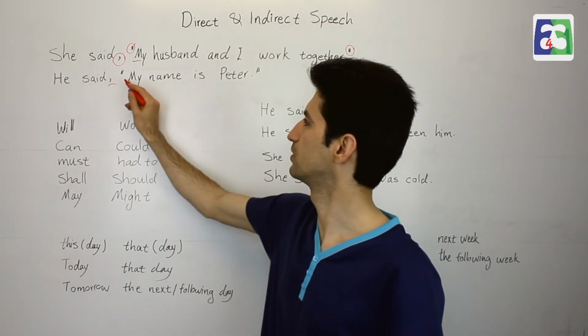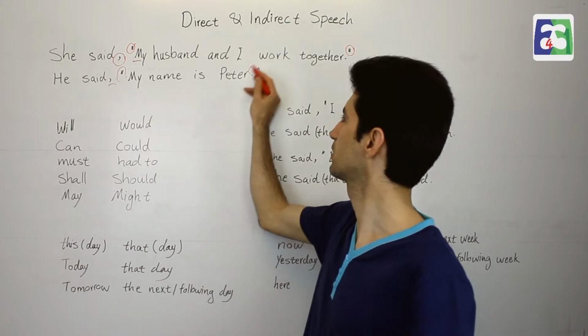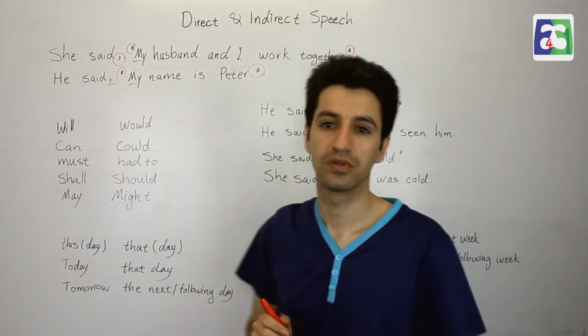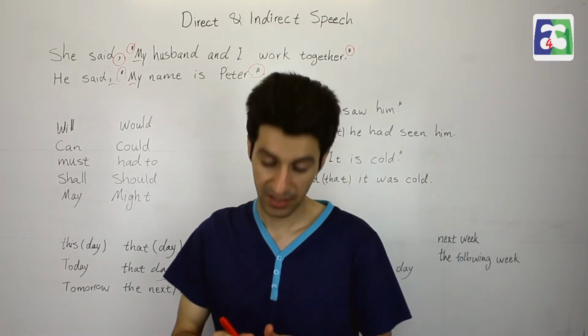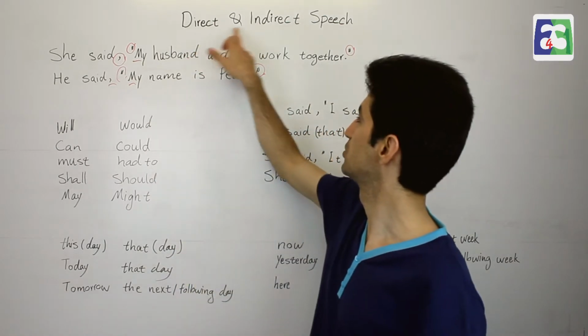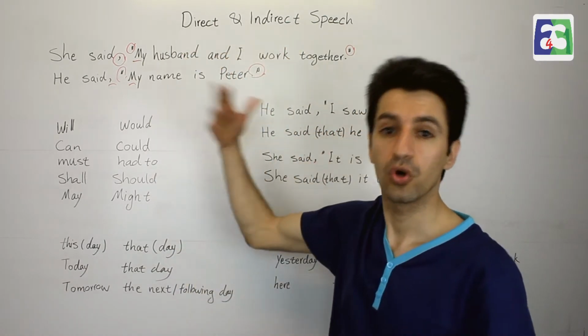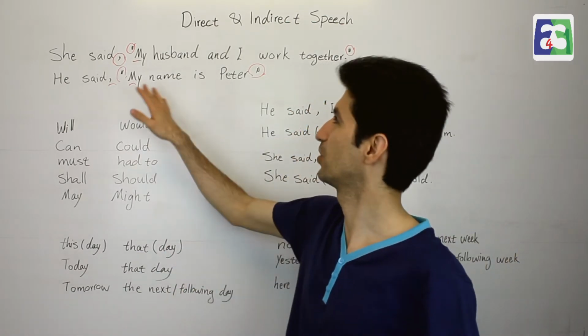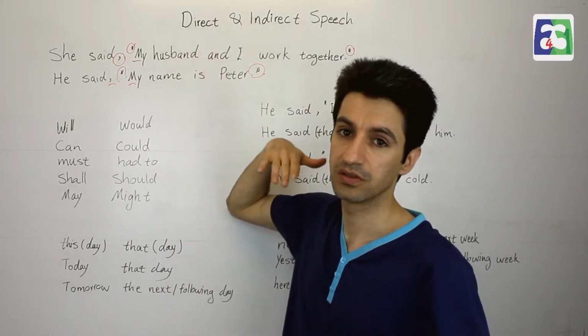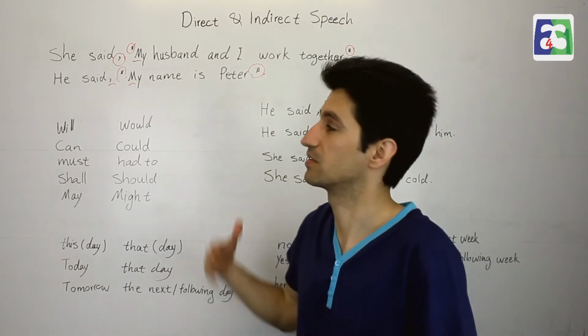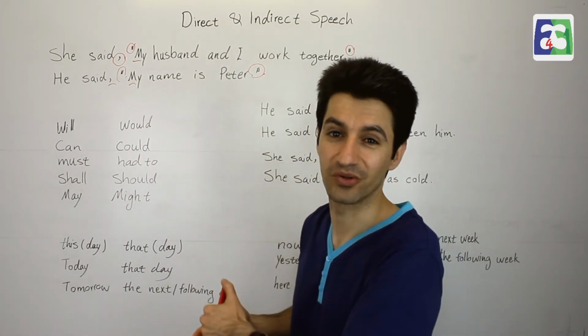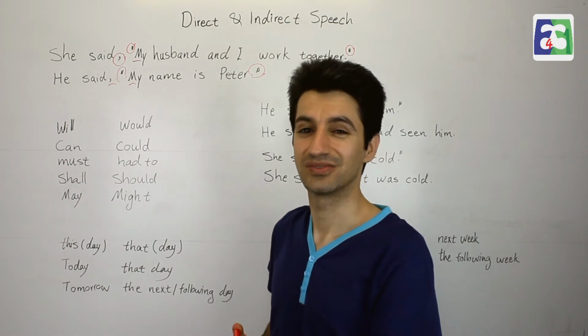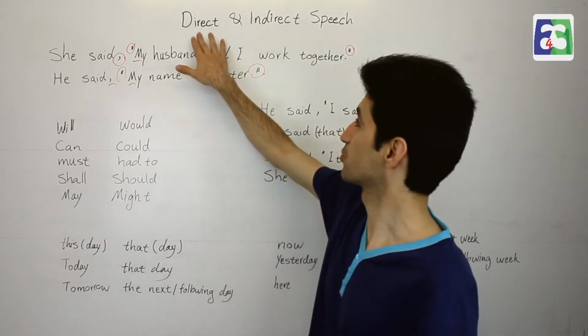One, the comma, the other one is the quotation mark and the capital letter. So that is direct speech, or quoted speech. It comes between quotation marks, it is quoted, so that is not my sentence, that is from the person that I am talking about. So this is direct speech.